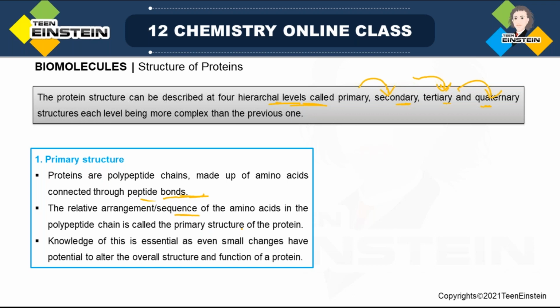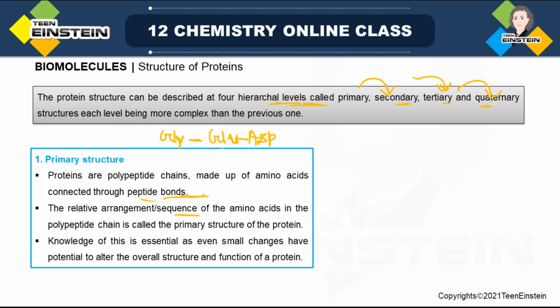And knowledge of this is important, because if you just change one amino acid, okay, suppose just for a simple example, we have glycine, then we have GLU, then we have ASP, like this.